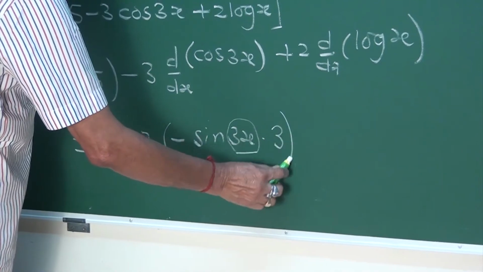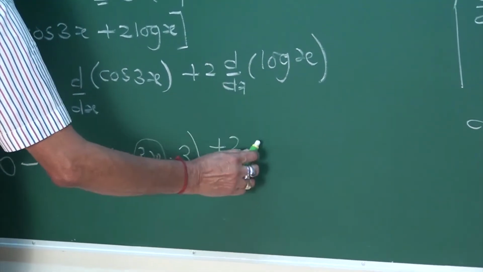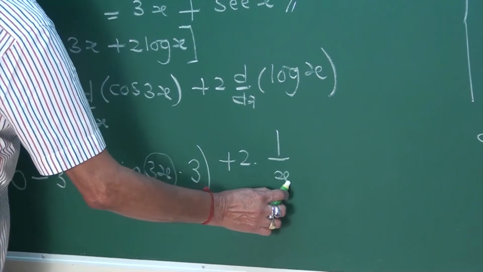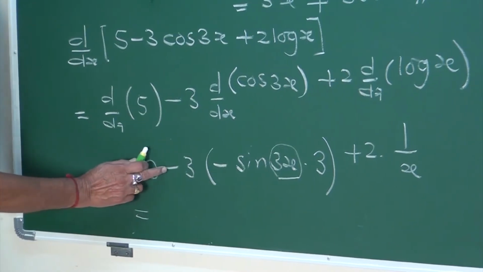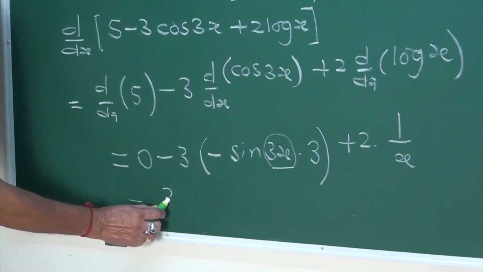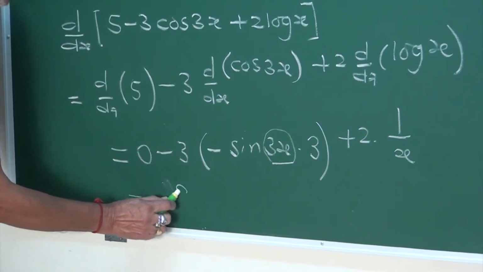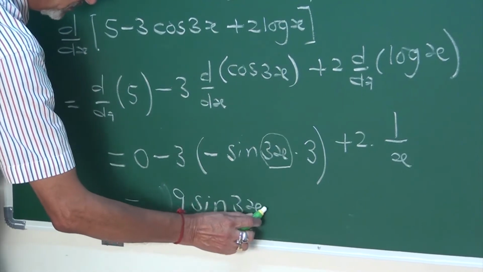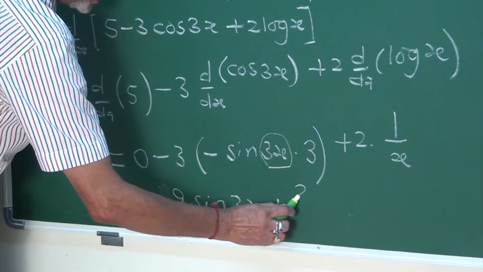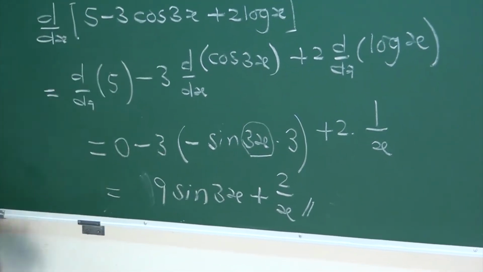Yes. Then coming to this plus 2 into derivative of log x. Derivative of log x is 1 by x. If you simplify this, 0, minus of minus is plus, 3 into 3 is 9 sin 3x, plus 2 into 1 by x is 2 by x after simplification, my friends.